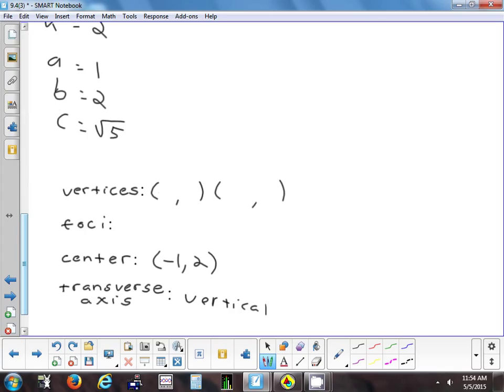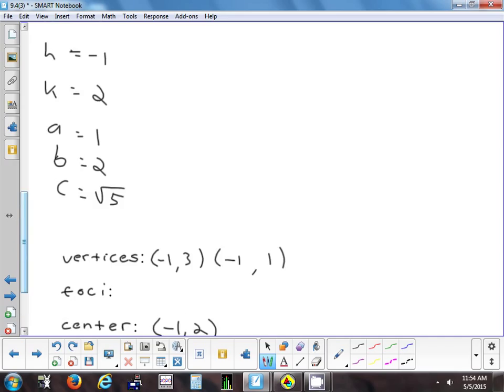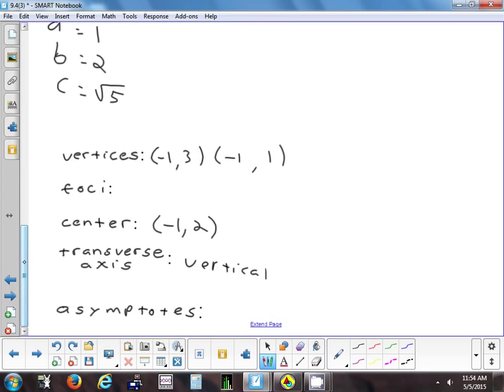Yep. And how about 1 unit below the center? Yep. Okay, for my foci, I'm going to go square root 5 units above and below the center. This one I would just use plus or minus. It's 2 plus square root 5 and 2 minus square root 5.